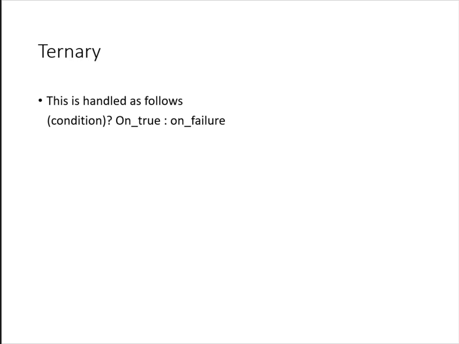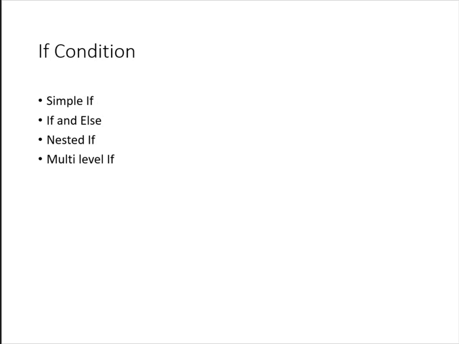Now let us see the usage of the if condition and the number of ways we can use if conditions. If conditions are classified into simple if condition, if and else condition, nested if, and multi-level if conditions. Let us find the approach of the simple if condition.